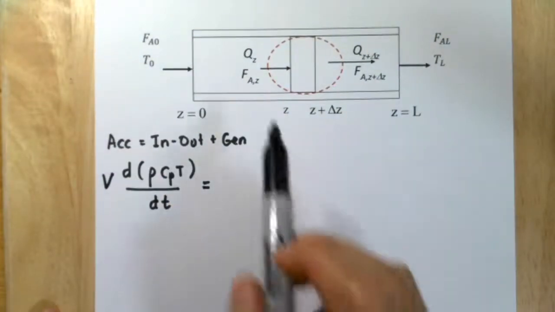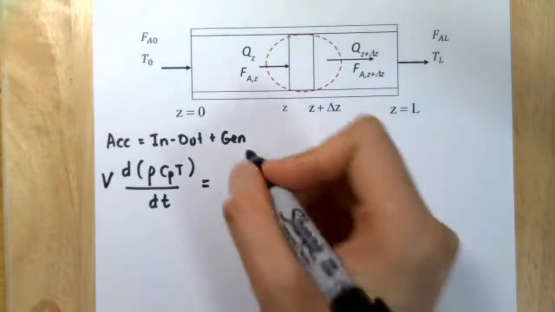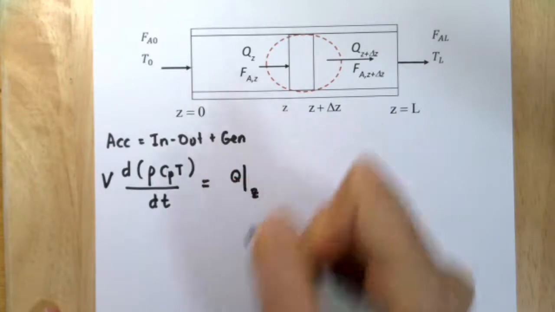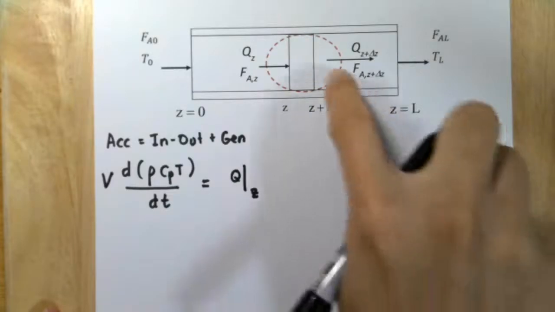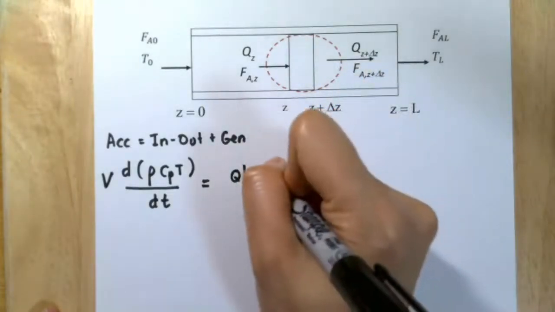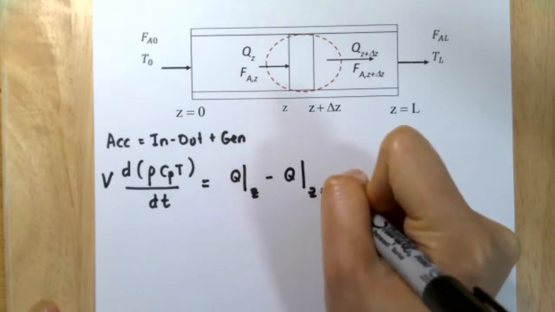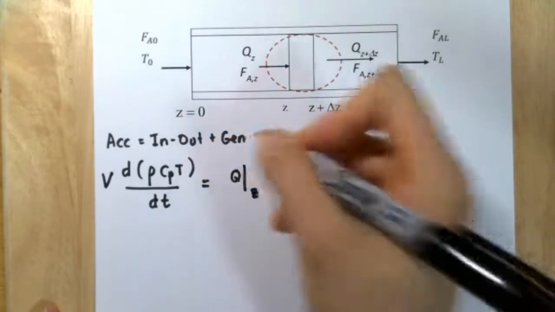The heat flow rate going into our control volume is Qz, or Q at Z. The heat flow coming out of the control volume is Q at Z plus delta Z. And then we have the generation term.